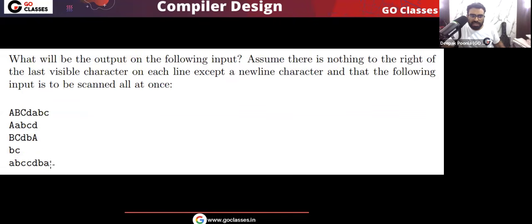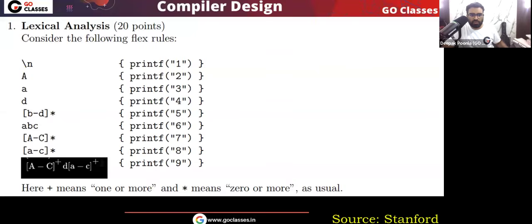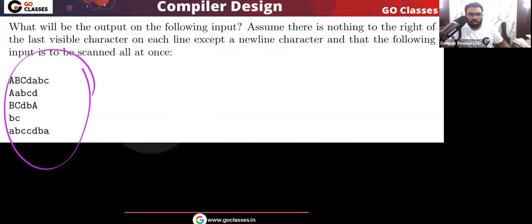So remember, for the last line also there is a new line character. At the end of each line there is a new line character, and this is the input. So we need to find what will be the tokenization of this input. Very interesting question. I hope you understood the question.